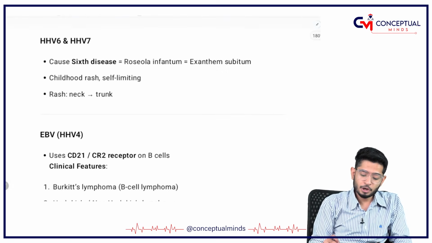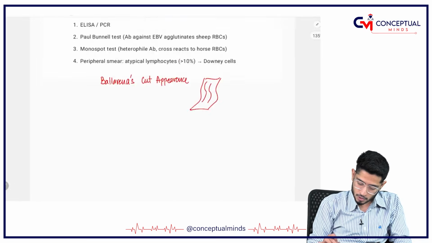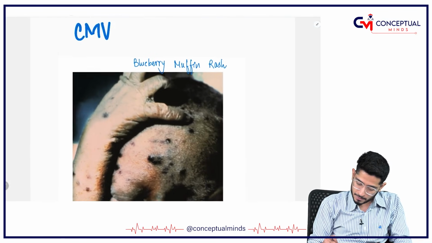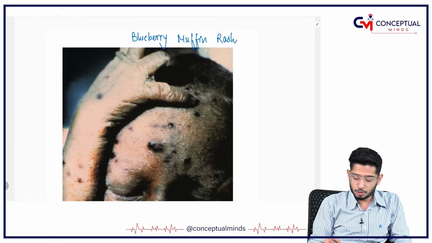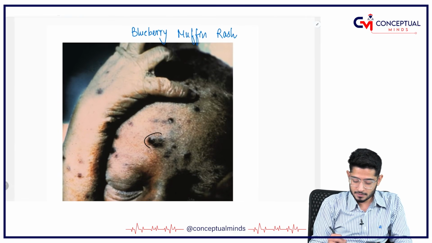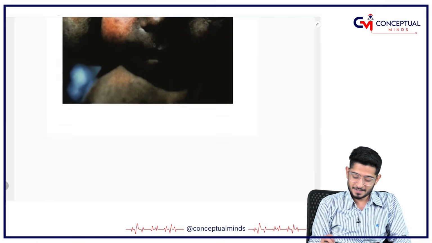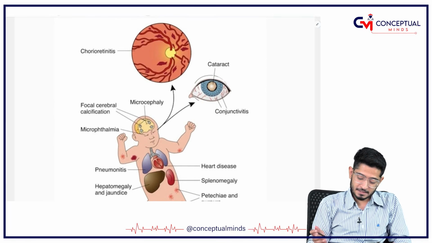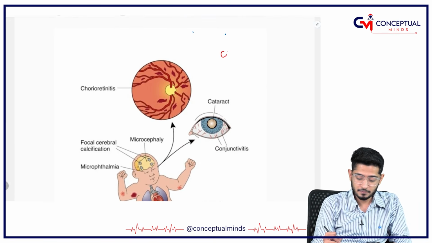Coming on to HHV6 and HHV7, but before we go there, let us see some pictures of CMV. CMV is known to cause blueberry muffin like rashes. If you are a big fan of muffins, I'm sorry. These are the different manifestations which I was telling you to go and check in the fetal infection video.